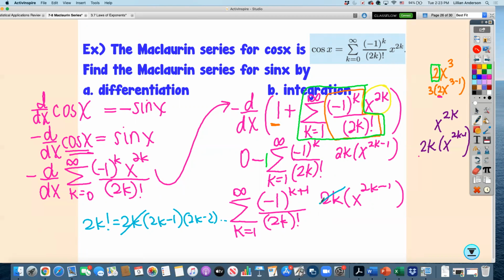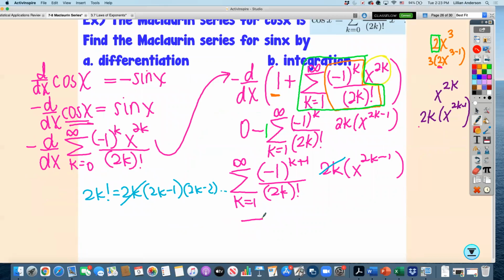So then 2k minus 1 times 2k minus 2 times 2k minus 3 can be simplified to be what? Exactly. So this turns into 2k minus 1 factorial, because I've gotten rid of the 2k's, and then I have x to the 2k minus 1.